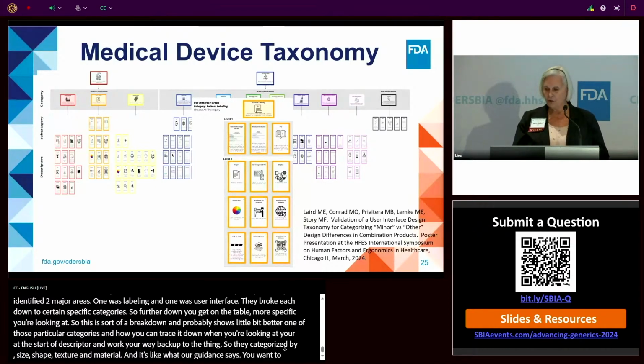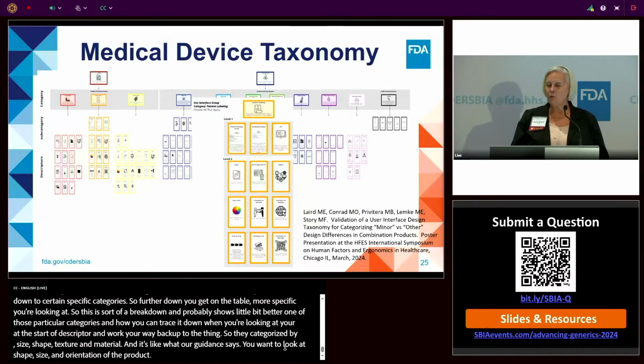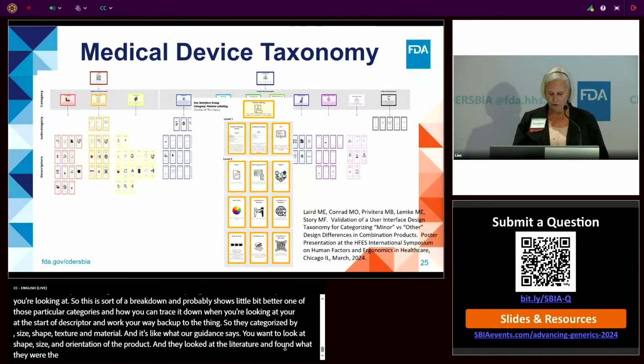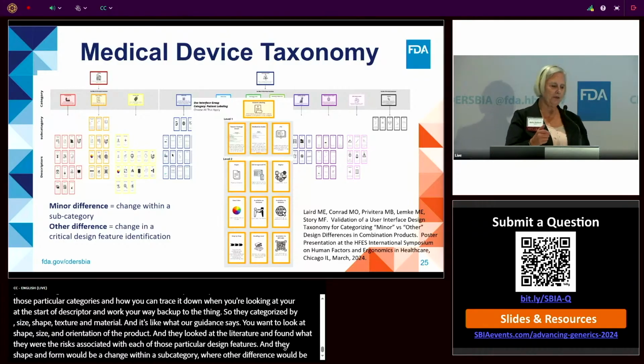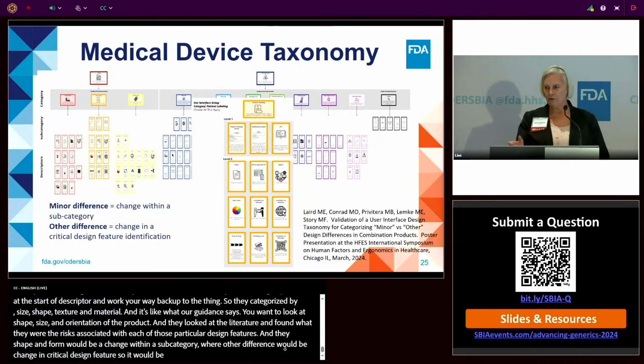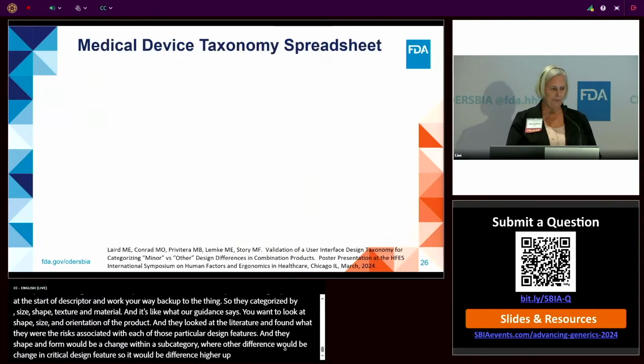And they looked at the literature and found what were the risks associated with each of those particular design features. They decided that a minor difference would be a change within a subcategory, whereas another difference would be a change in a critical design feature, so that the difference would be higher up or in different categories altogether.